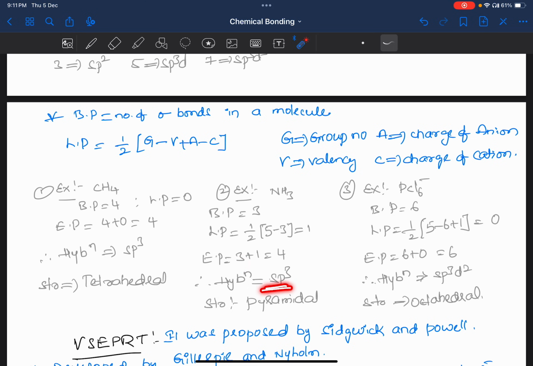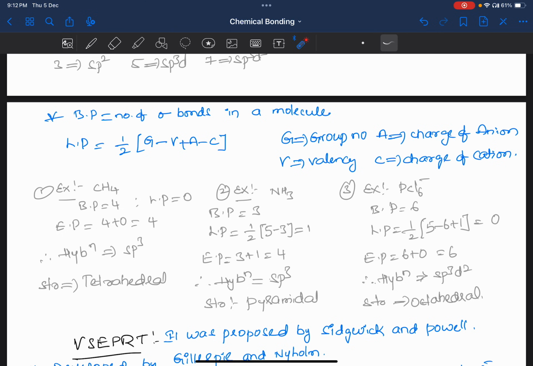Therefore, it exhibits sp3 hybridization. But with sp3 hybridization, the structure is not tetrahedral. Here, the structure is pyramidal. Why? Due to the lone pair, electronic repulsion occurred. Therefore its structure is different, and the bond angle is also different.